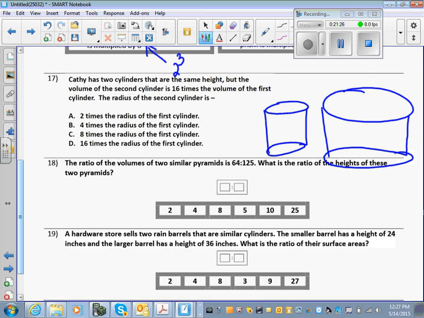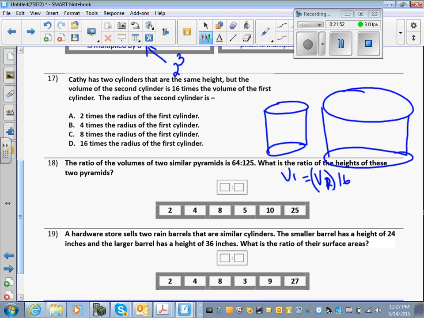So Kathy has 2 cylinders that are the same height, but the volume of the second cylinder is 16 times the first cylinder. So this is volume 1 equals volume 2, and we have to times it by 16 to make it equal.